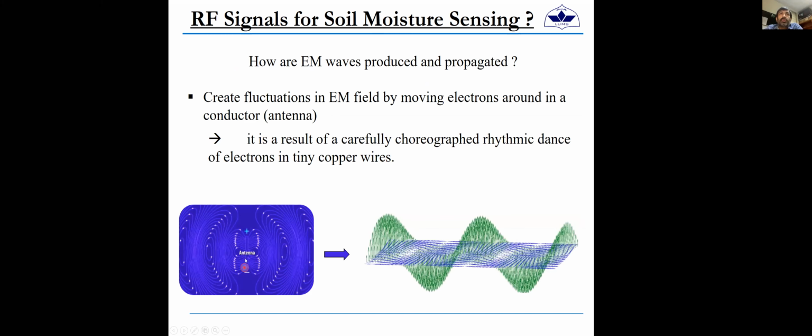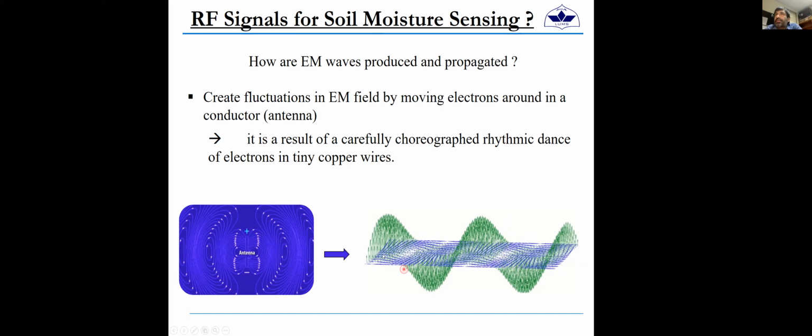If we control the motion of electrons very carefully, then an electromagnetic field is generated around this conductor, and using some properties of the antenna design and the signal that we have applied at the input of this antenna, we can make this wave travel into space.